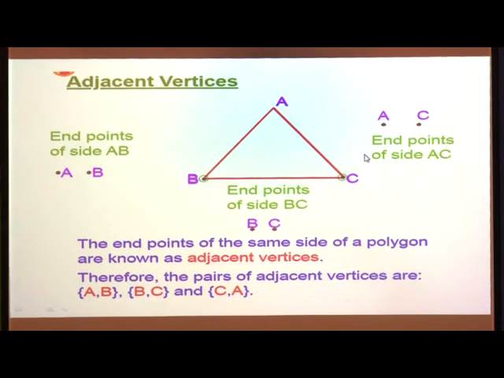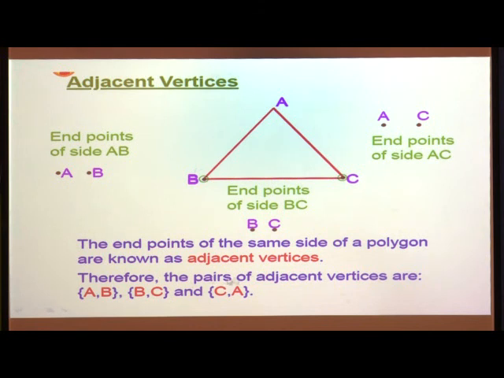Adjacent vertices. See, this is the side AB and the end points are A and B. Here the end points are A and C, and here the end points are B and C. The end points of the same side of a polygon are known as adjacent vertices.